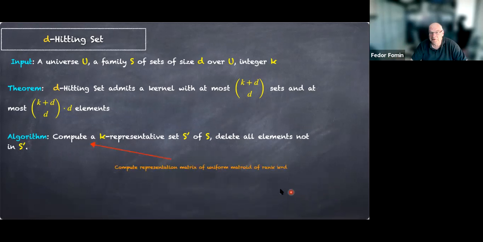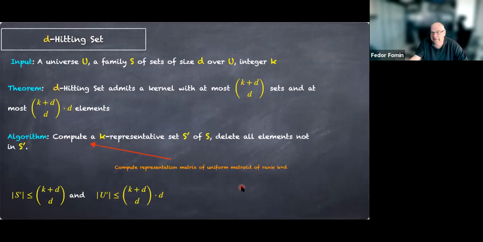And again, to compute the k-representative sets, of course, we need to take a representative matrix of the uniform matroid of rank k plus d. And first of all, why would the size of the set be as I claim?